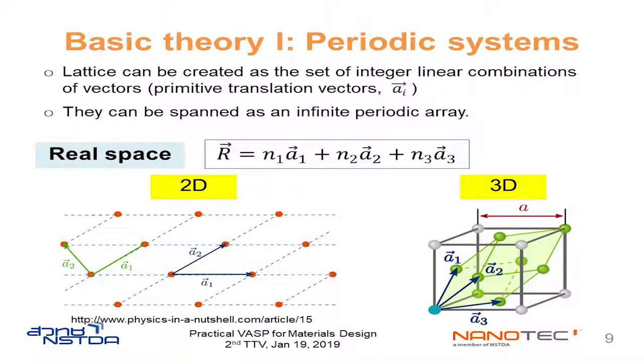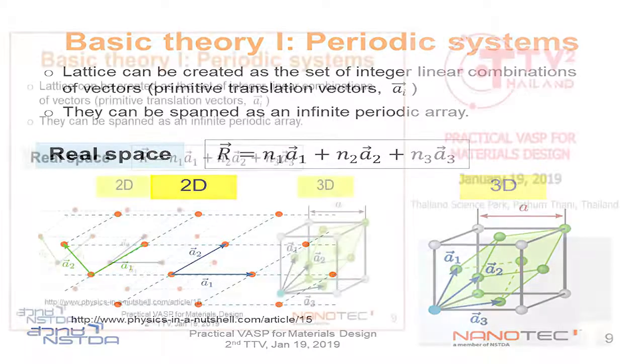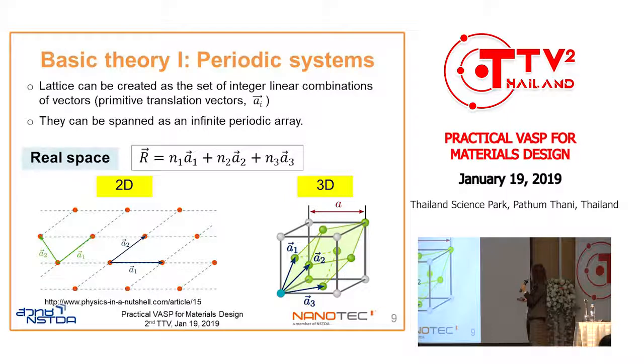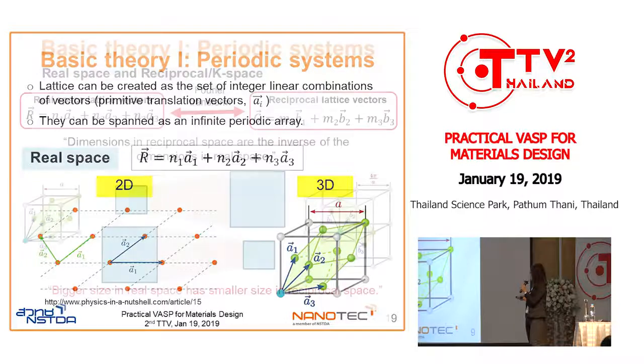This is the real space. For example, in this figure, here is the primitive cell of an FCC crystal. If you construct the primitive cell by the a1, a2, and a3 lattice vectors, you can get the structure of the FCC in real space.